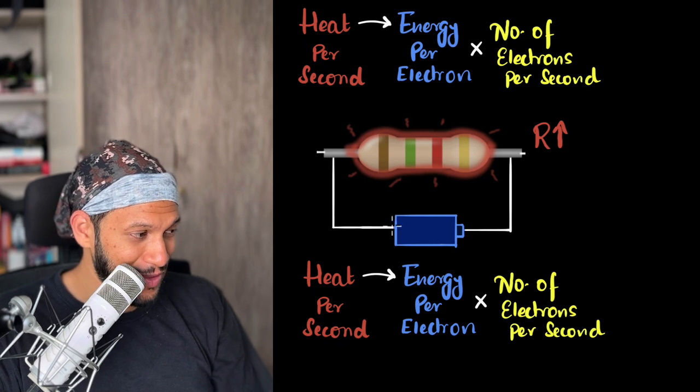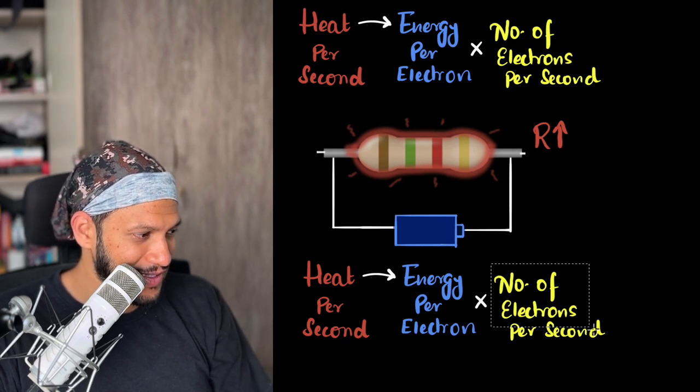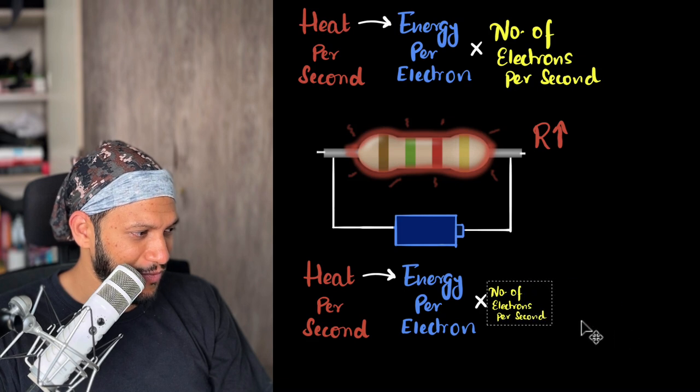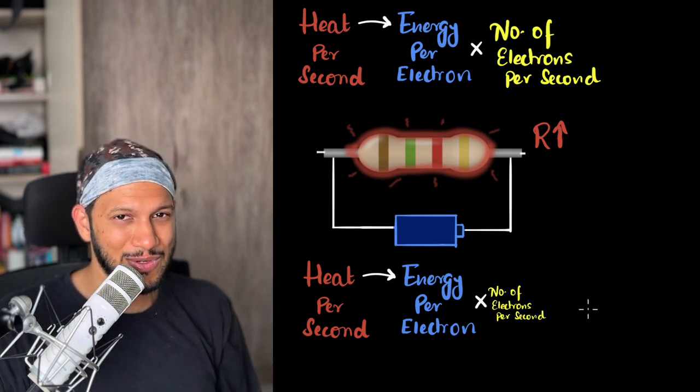And if they flow slower, then the number of electrons that are going to collide with my atoms per second is going to reduce.